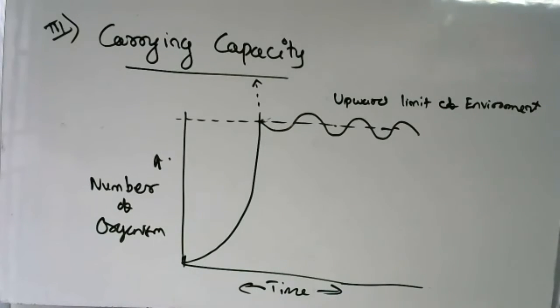Whenever there is hatching of eggs and all, population suddenly increases. Later, when they become adults, it decreases. That's how the population fluctuates.